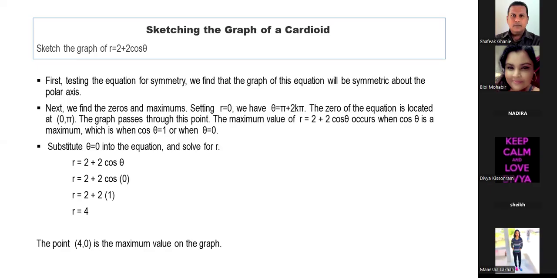So now we're going to find the maximum value. We need to know how far this cardioid is going. So you substitute theta, you put 0 into the equation and solve for R. We know that cos 0 is equal to 1. So 2 plus 2 multiplied by 1 is equal to 4. So the maximum point is (4, 0).